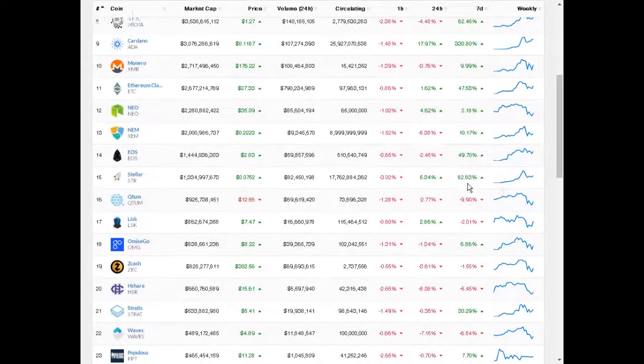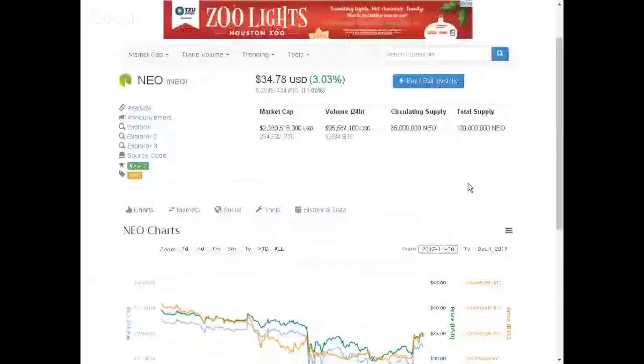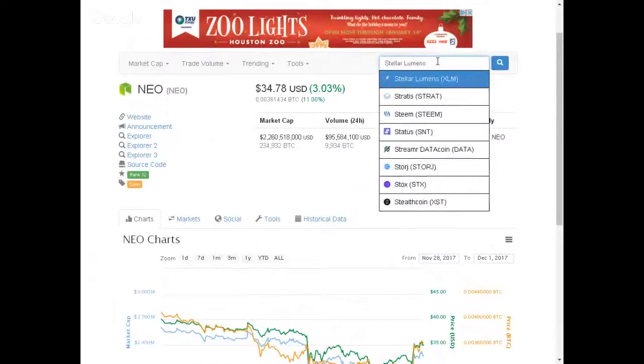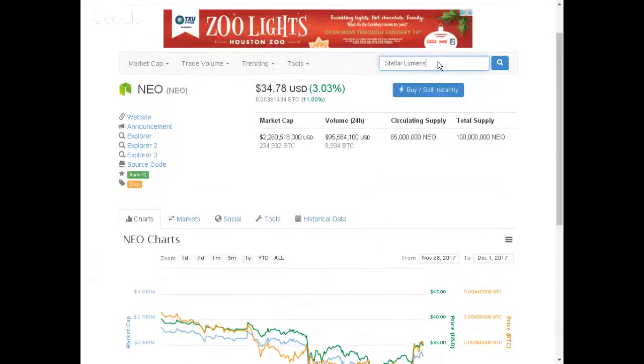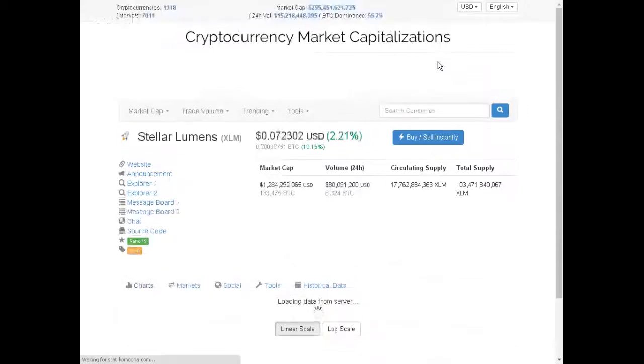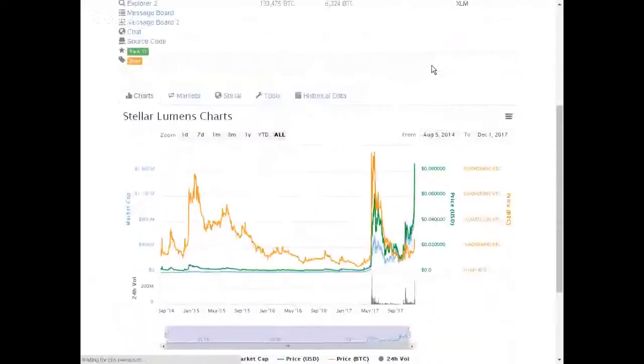Stellar Lumens, the ticker symbol is XLM, but for some reason on Live Coin Watch it's STR. Right now it's up only 2.5%, but still. Let's have a look at the last 3 days.